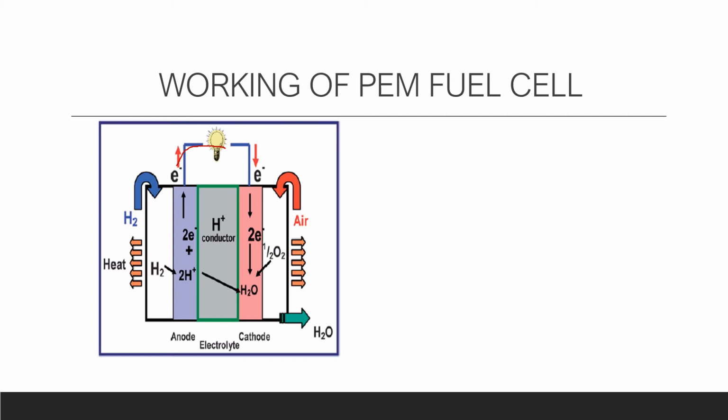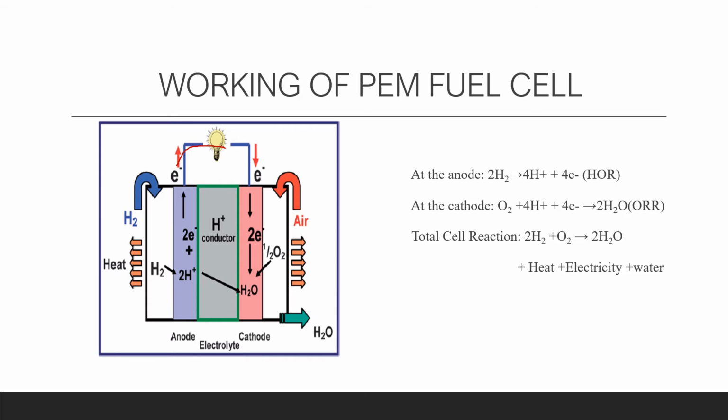So when the protons pass through the membrane, they will combine with the electrons coming from this side and the oxygen coming from the cathode side, and it will give clear water which is palatable, as well as it will produce heat. So this is basically the working of the PEM fuel cell.